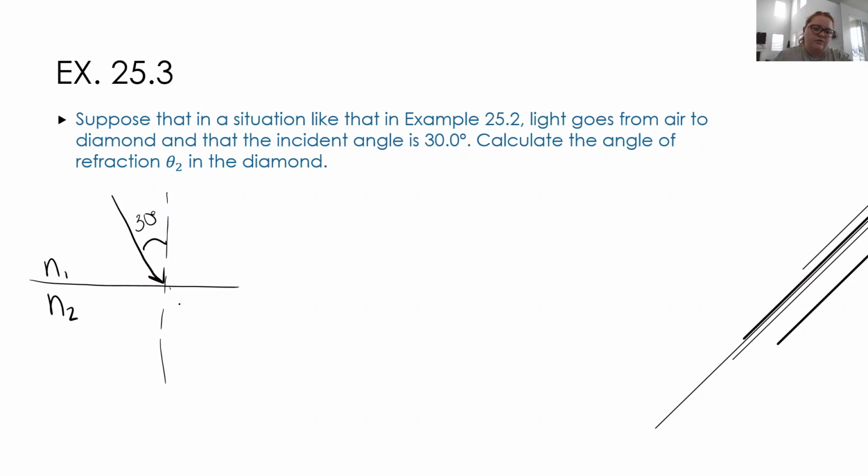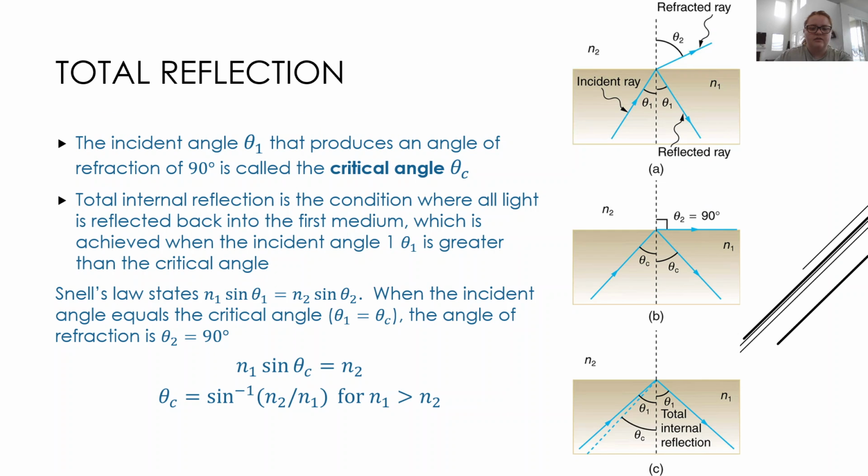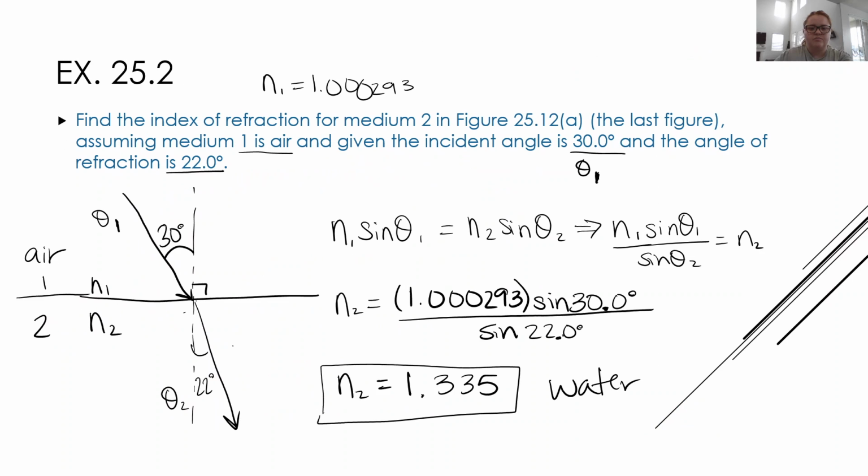We want to know what this angle is, theta 2. So n1 was 1.000293.